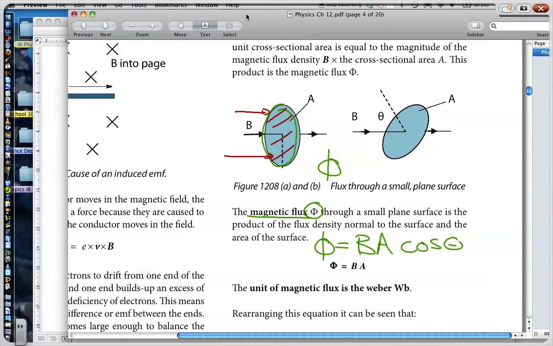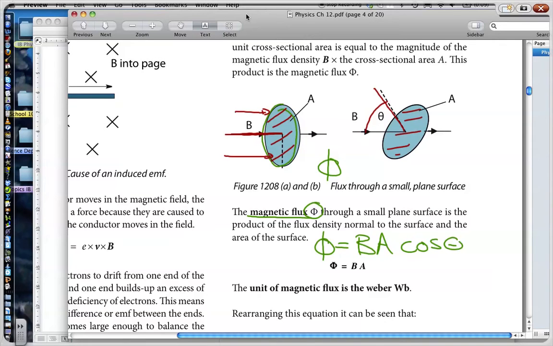So if this surface here is at 90 degrees, and if I draw that line there, it would actually run along the magnetic field line. The angle between the magnetic field line and this line would actually be 0. Here it's at an angle. This is our angle theta. This is the line drawn 90 degrees to the surface, and it's making this angle.